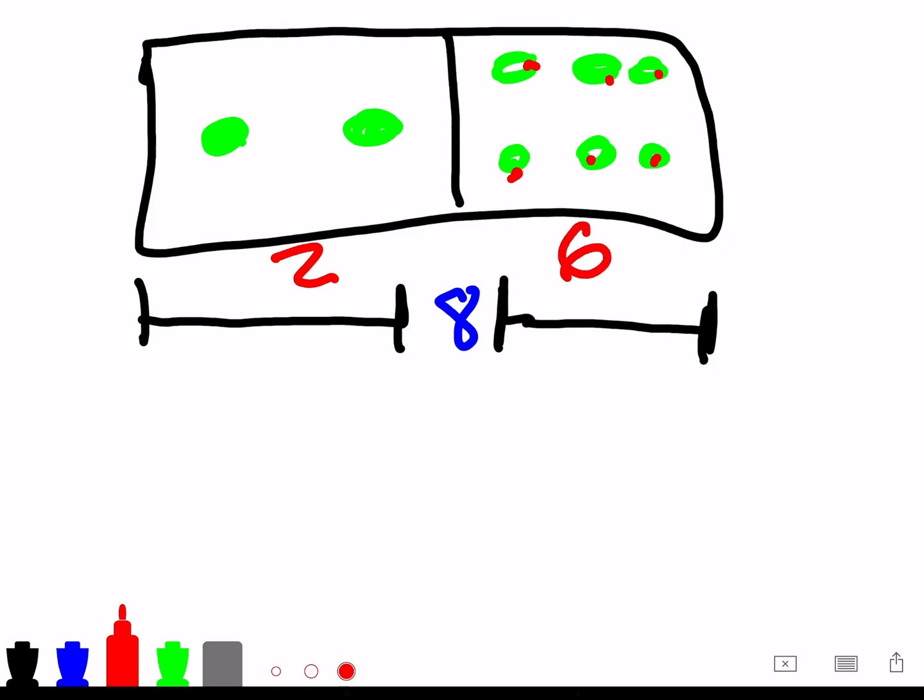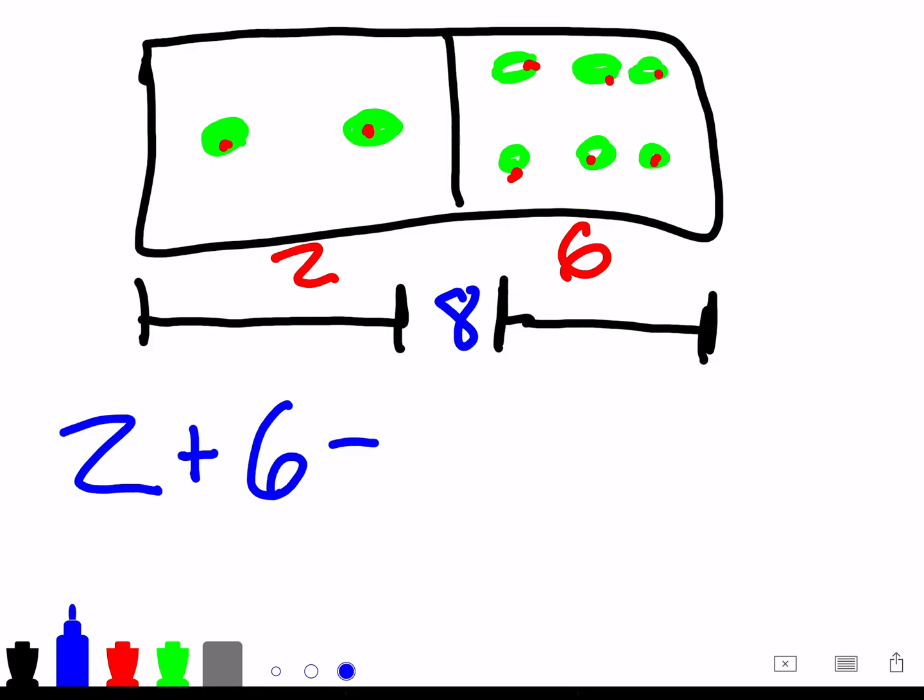So if we were trying to write an addition equation, how should we do it? Well, we can start by saying part plus part equals the whole, right? So we have 2 dots here, so we can begin saying 2 plus, excuse me, 6 equals the whole, which is 8, right?